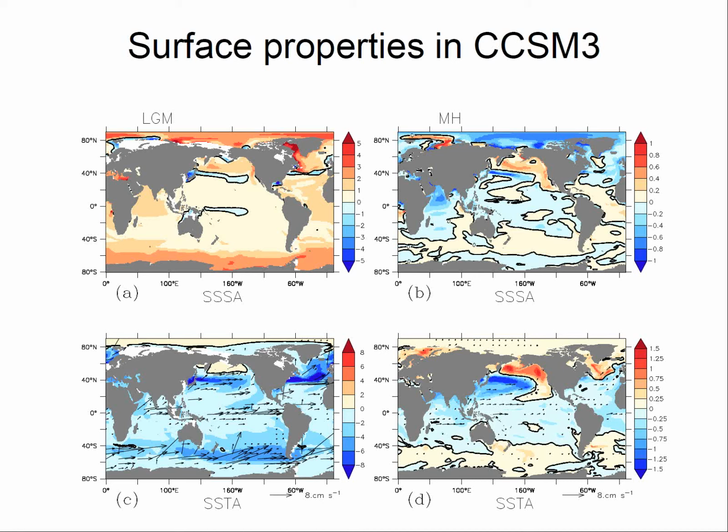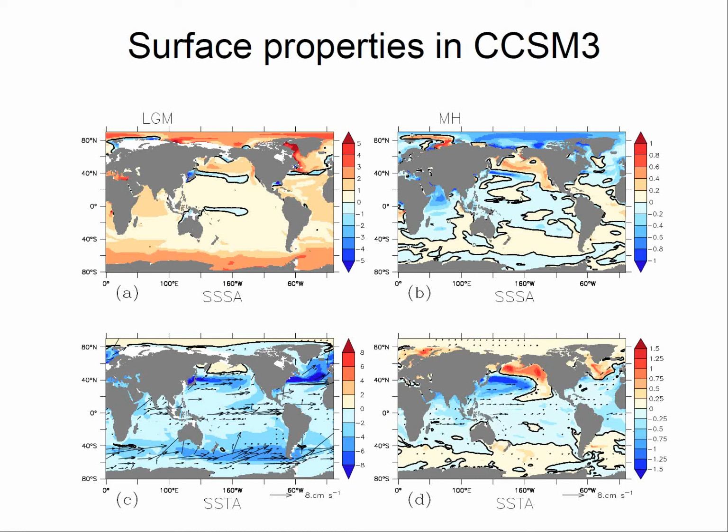So quickly, the surface salinity and the surface temperature for the LGM. These are anomalies with respect to the present day, and in the mid-Holocene. We see that the LGM has a strong salinity anomaly over the globe, and it's much colder too.